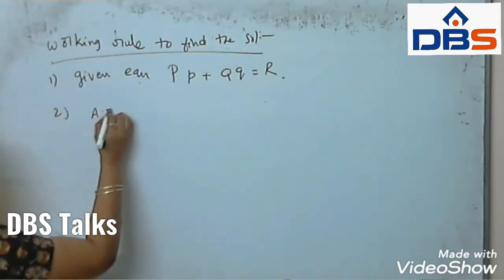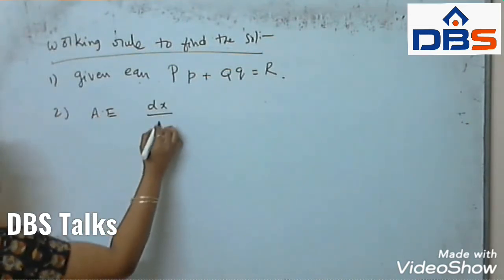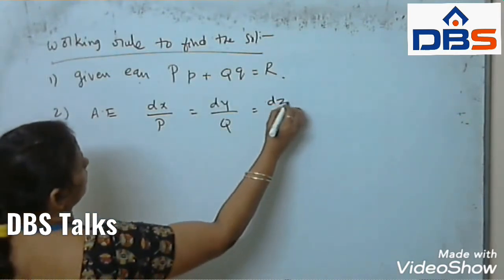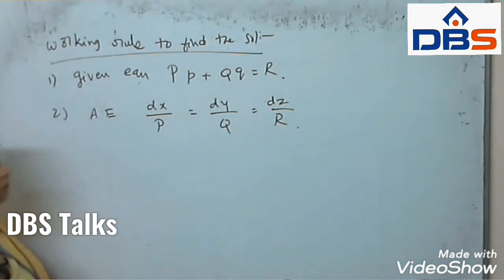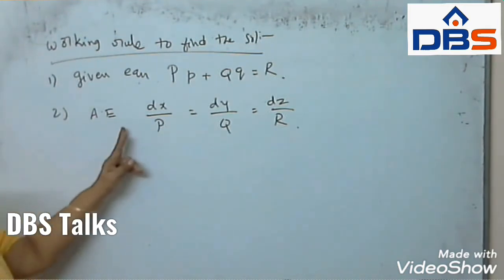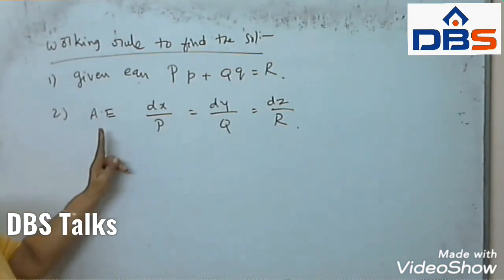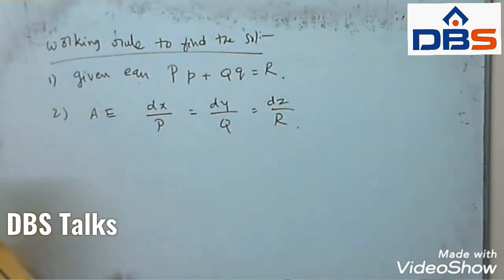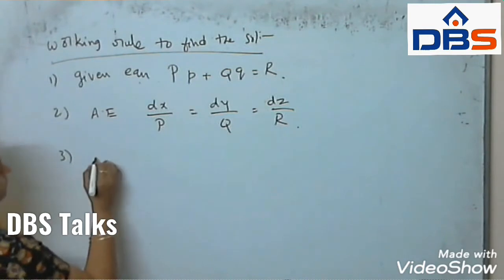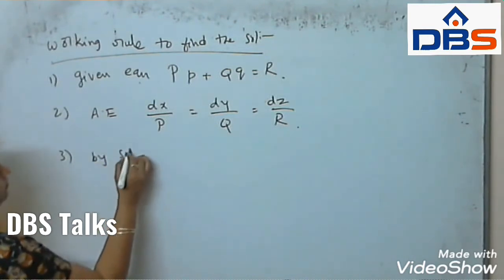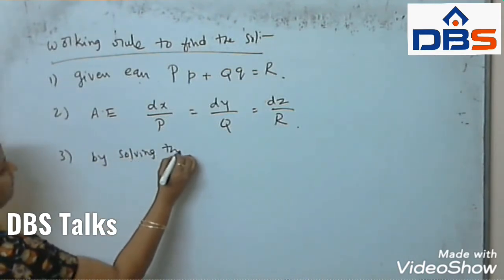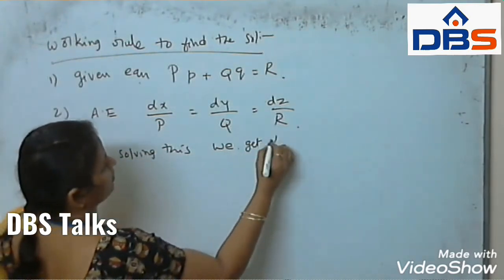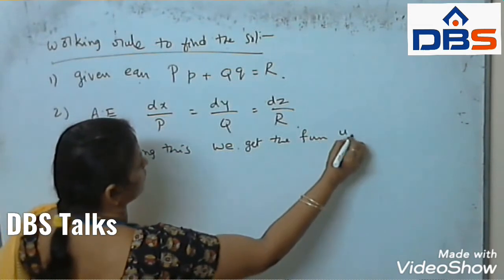Next, you have to write the auxiliary equations, or subsidiary equations: dx/P equal to dy/Q equal to dz/R. By solving this, we get the functions u, v.